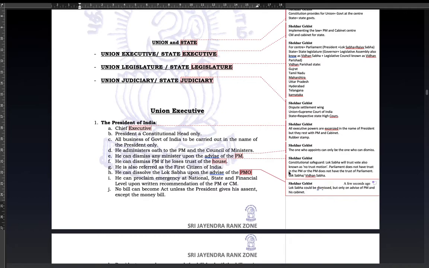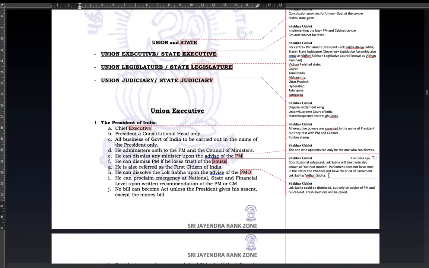Okay, if the PM and the cabinet feel that Lok Sabha has to be dissolved, then the President of India will dissolve the Lok Sabha and fresh elections will be called.